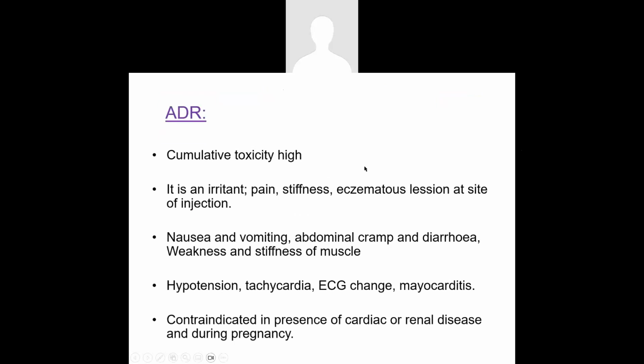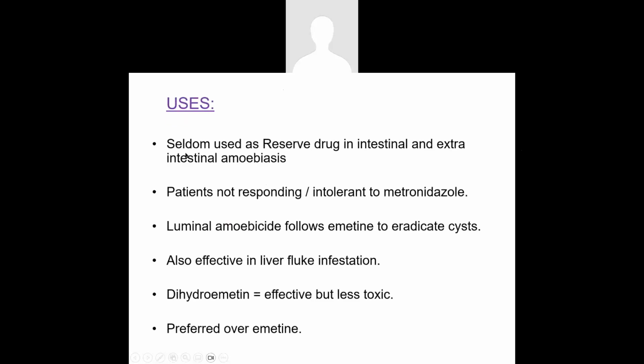The toxicity, one of the side effects, which are pain, irritation, eczematous lesion at site of injection, nausea, vomiting, abdominal cramps, hypotension, tachycardia, ECG changes and myocarditis. So it's contraindicated in the presence of cardiac or renal disease or during pregnancy.